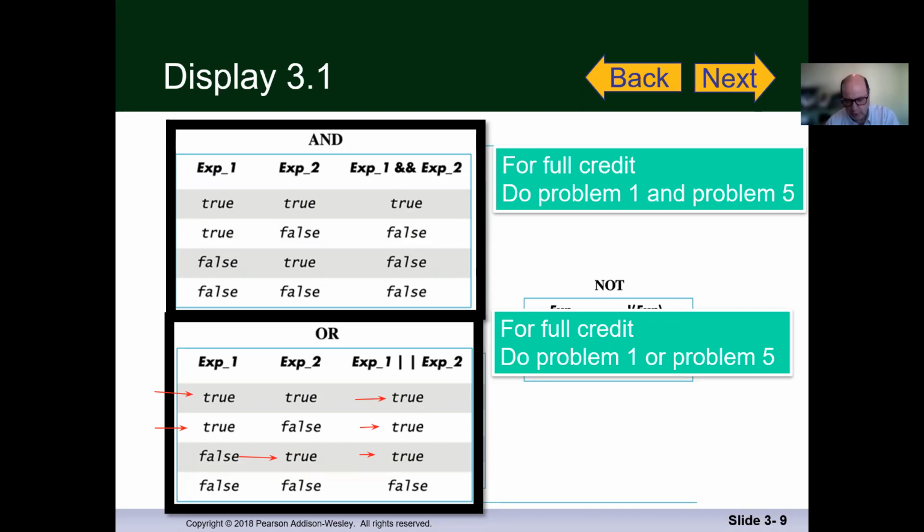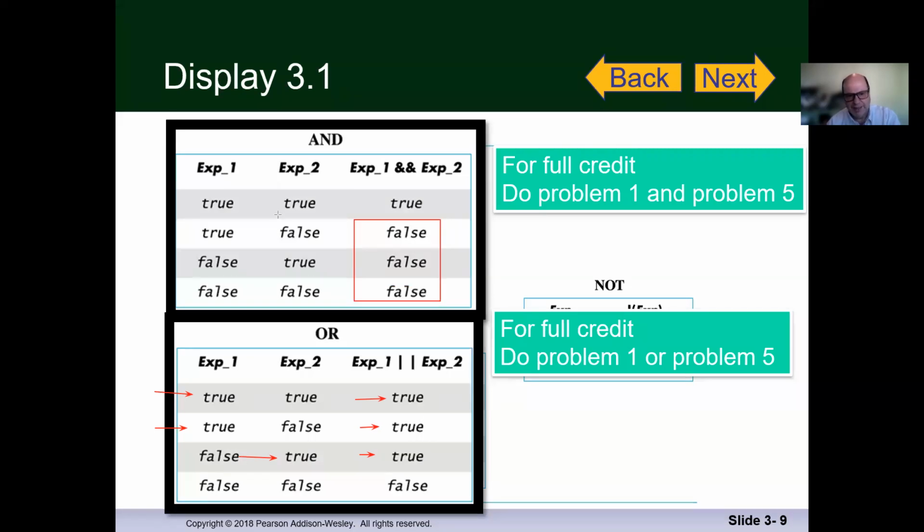I'm not going to deduct points because you did both. So when I say do one or the other, you can do just one of them and get full credit, or you can do both of them. That's what it is. I want you to pay attention to this table. In this table for the and, everything is false.